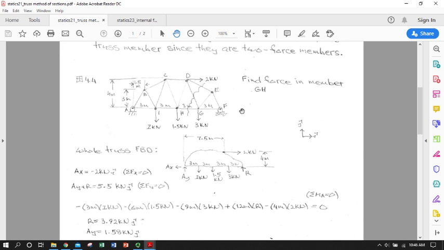What is the most efficient way to take a section? Probably one of the biggest things to remember is quite often your moment equation, being most information rich, is going to be your best bet for determining the force in your member of choice with the least number of mathematical steps.